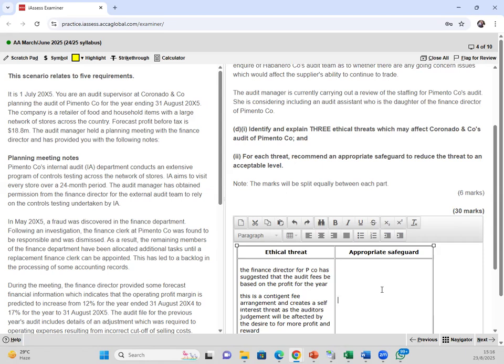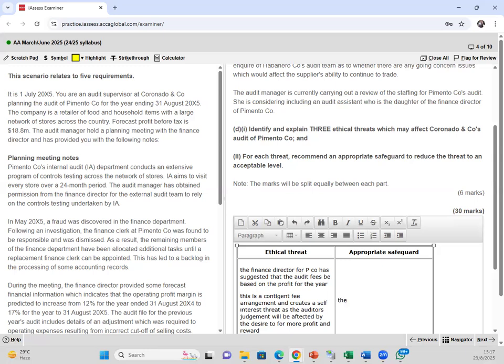Therefore, they should be paid according to the time they take to perform the work and the experience they have, and also their fee income should not exceed 15% of the total income of the audit firm. Okay, the point here that you have mentioned, the first one, is the key one.